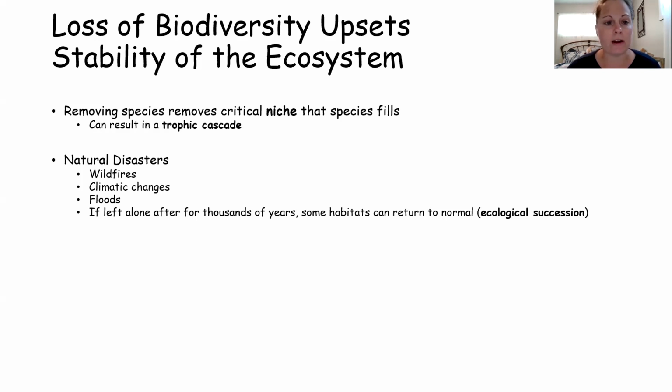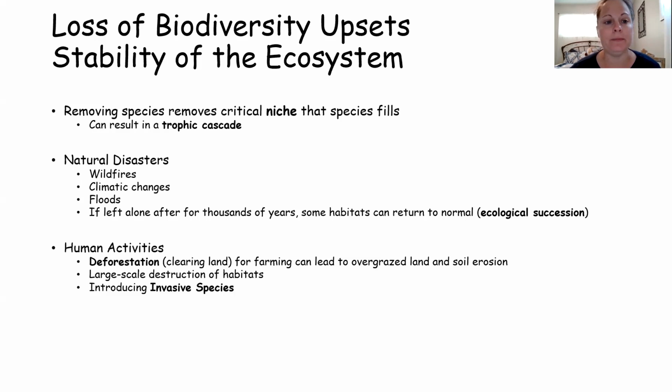A few years ago in Altona, there were wildfires that destroyed ecosystems. If left alone for thousands of years, you will see them come back, but typically, it's not in our lifetime that we'd be around to see it.